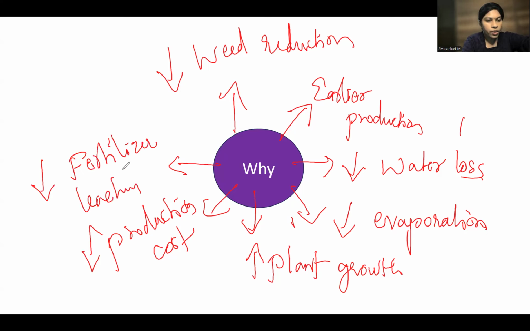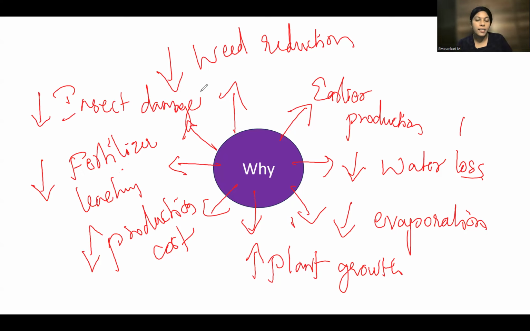Okay, fertilizer leaching. It also reduces insect damage. So in this way, we can say these are some of the advantages of having plasticulture in agriculture. But generally, many of these, like plant growth, are short term only, but the farmer doesn't have any idea about it. So in order to increase production and also to reduce the production cost, he's using this plasticulture.